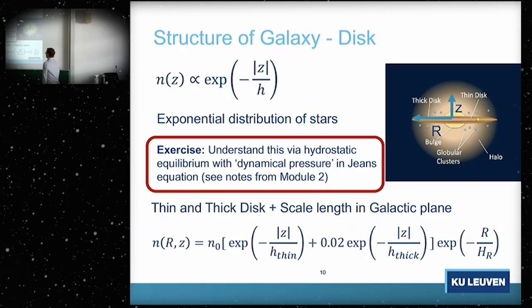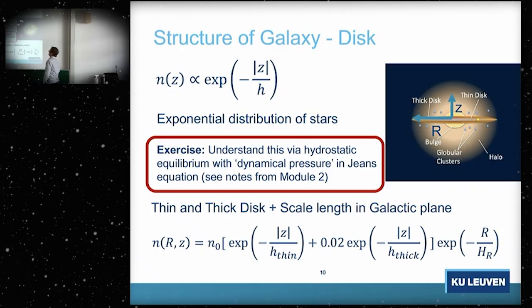But actually the deduction here, empirically, is that we get much better fits to the counting if we superimpose two exponentials, one which is called the thin disk and one which is called the thick disk. Okay?